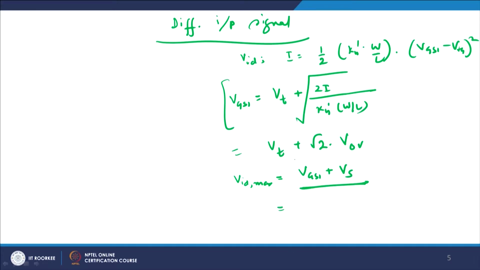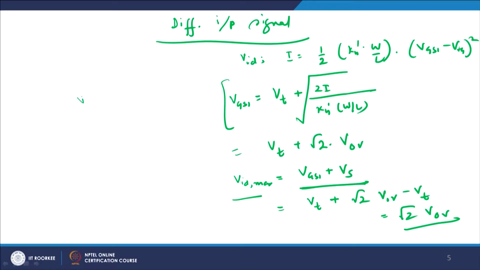If you solve this and do some small manipulation, I get Vt plus root 2 V overdrive, right, minus Vt, and therefore this will come to root 2 V overdrive.